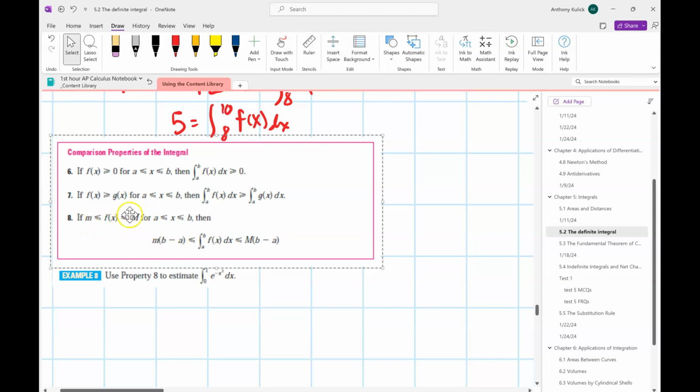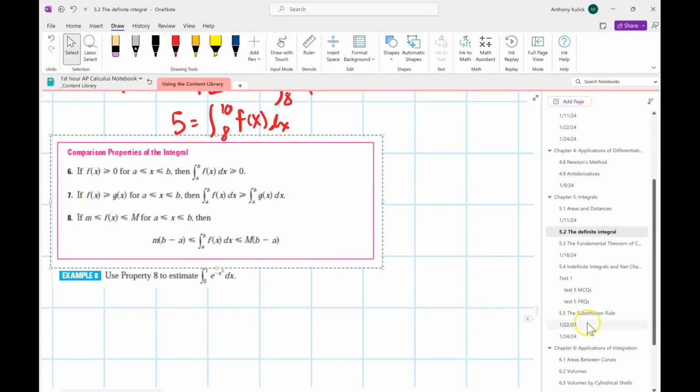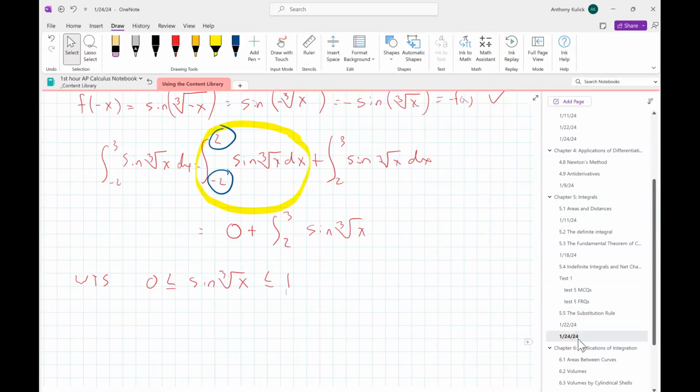So little m is going to be some minimum value and cap M will be some maximum value, right? So I'm going to use that property 8 here. Oops, forgot my integral symbol.